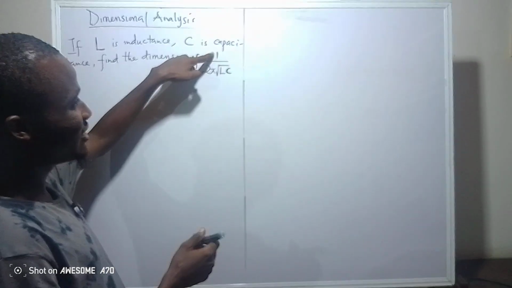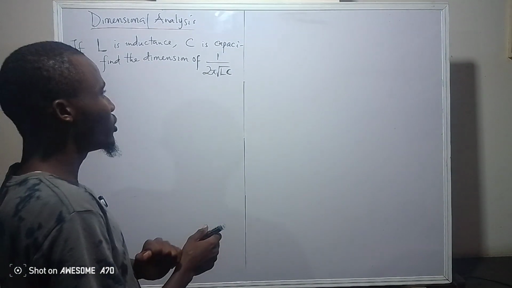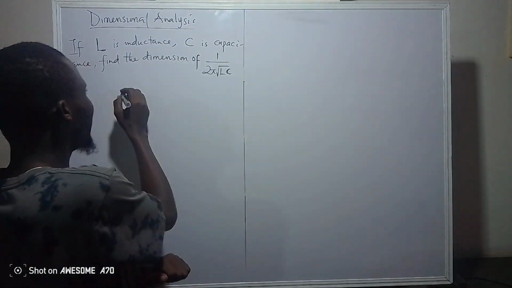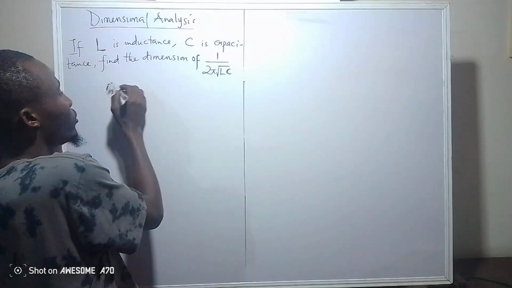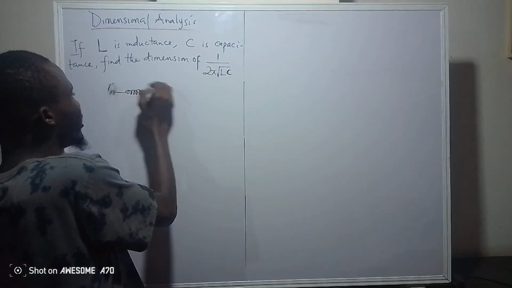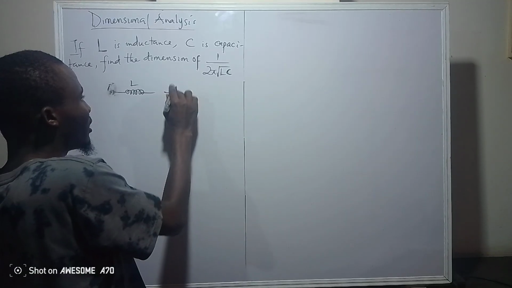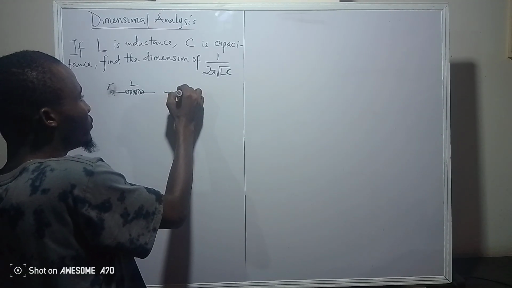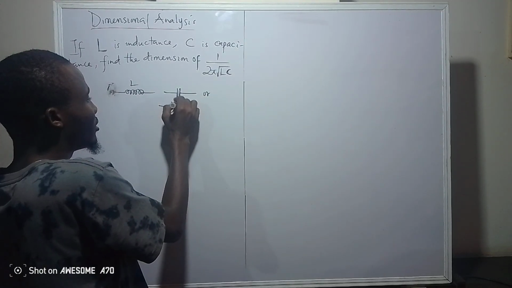So for this, 1 here is a constant, 2 pi here is a constant. They are dimensionless. So we need to work with the energy. The energy stored, this is a symbol for our inductor, a coil, L, and for the capacitor, we can have this. The terminals are of the same length, or we can also have it in this format.